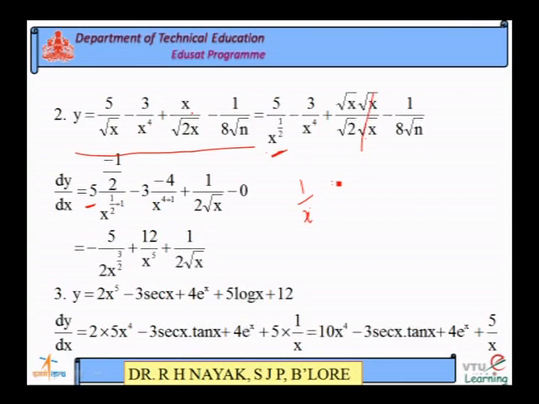Minus 1 by 2, x to the power of half is then also taken to the numerator. Based on that, I have taken like that only, minus 3 into x to the power of 4, that is minus 4 divided by x to the power of 4 plus 1, plus here root 2 is as it is, root 2 I have to take as it is.